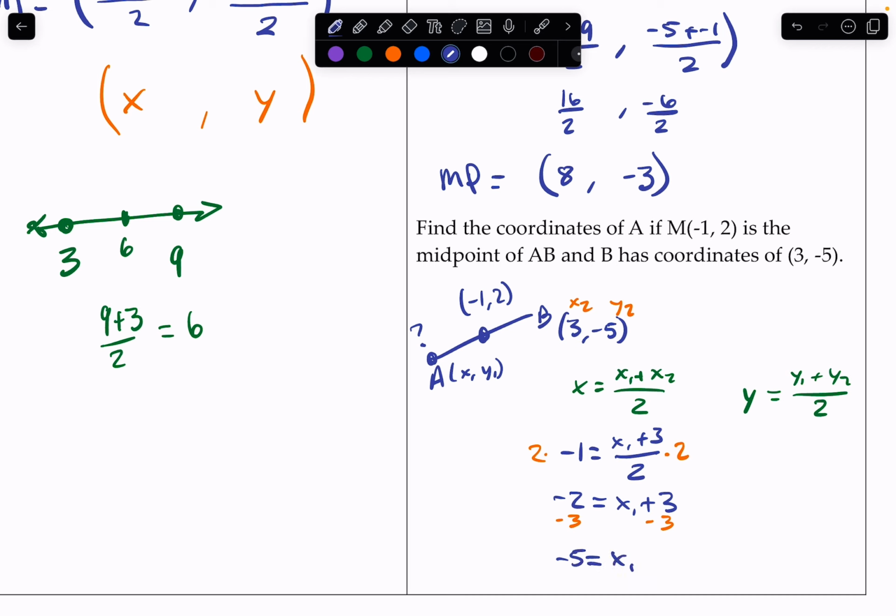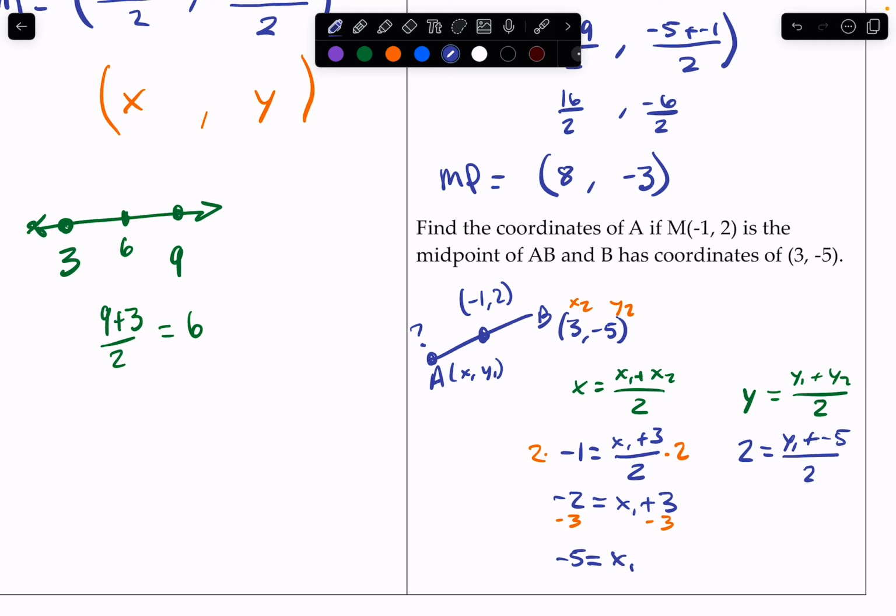So that's how you find your x value, and you're going to do the exact same thing to find the y value. We know that the y value of our midpoint is 2. We do not know what y1 is, but we know that y2 is -5, and y1 plus y2, which is -5, divided by 2, is going to end up equaling the y value of the midpoint, which is 2.